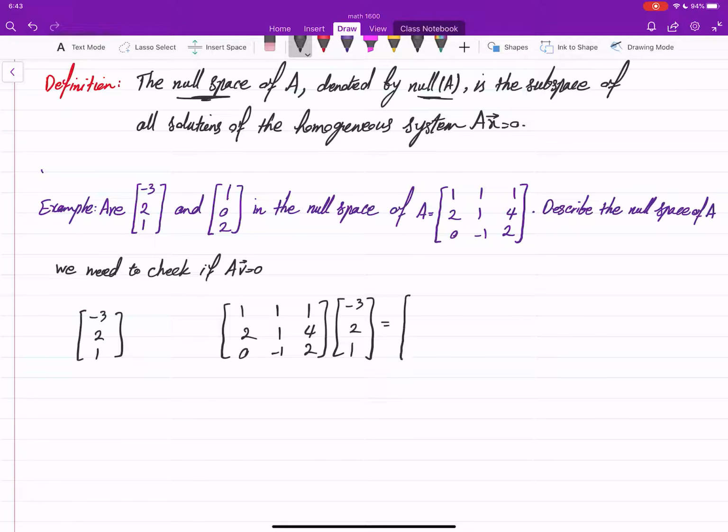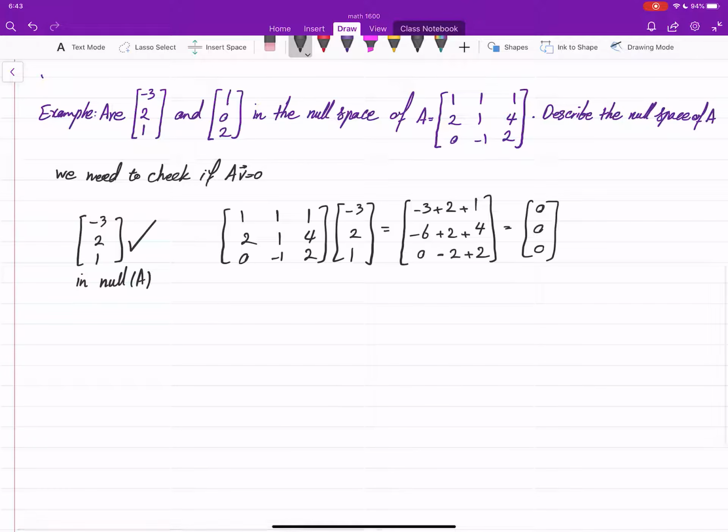What do we get here? This is -3 plus 2 plus 1, then -6 plus 2 plus 4, and 0 minus 2 plus 2. As you can see, this is (0, 0, 0). That means, yes, this vector is in null(A).